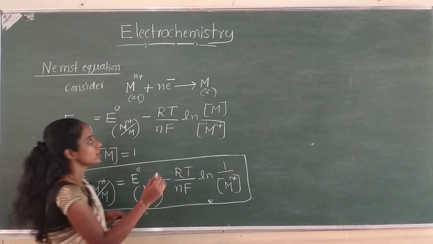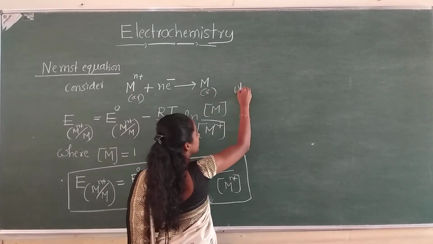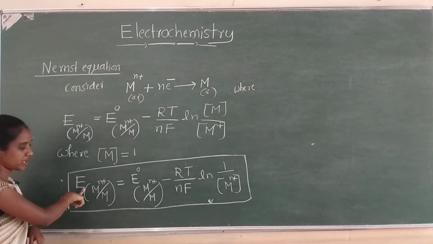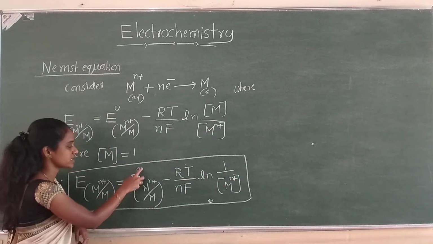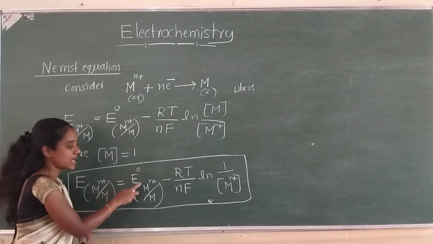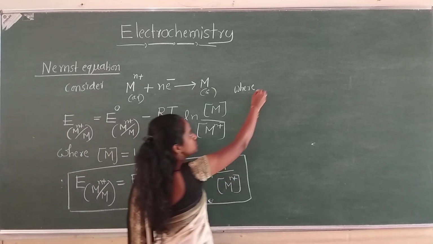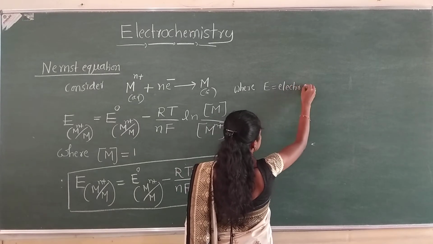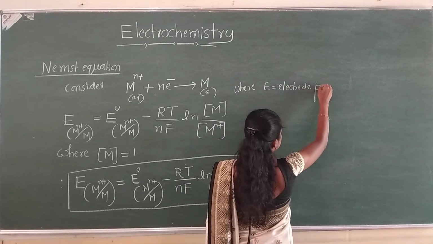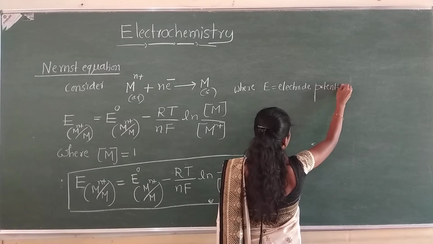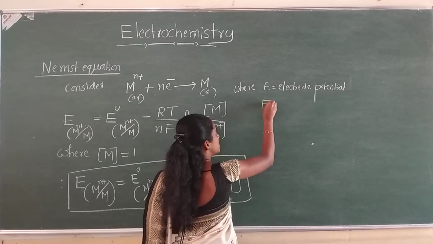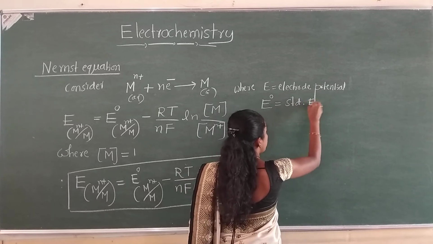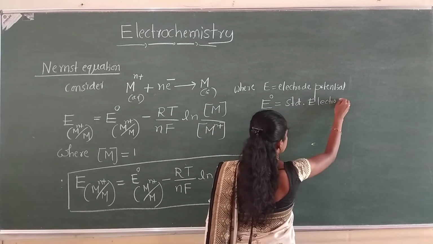Now what are the terms involved in it? What is E? It is the electrode potential. What is E naught? It is the standard electrode potential.